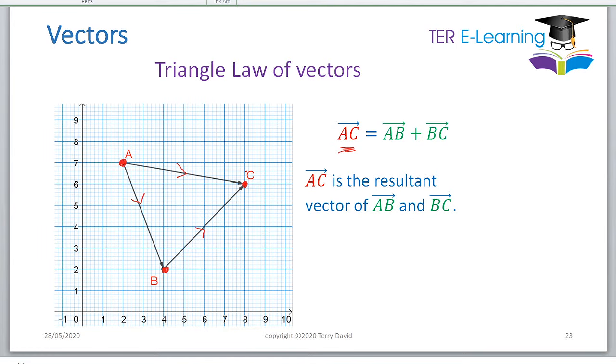So I want you to understand it in terms of movements. I want to go from A to C. There's another way that I can do it: I can go from A to B and then from B to C. So the vector AC is equal to AB plus BC. That's how we get this formula here.